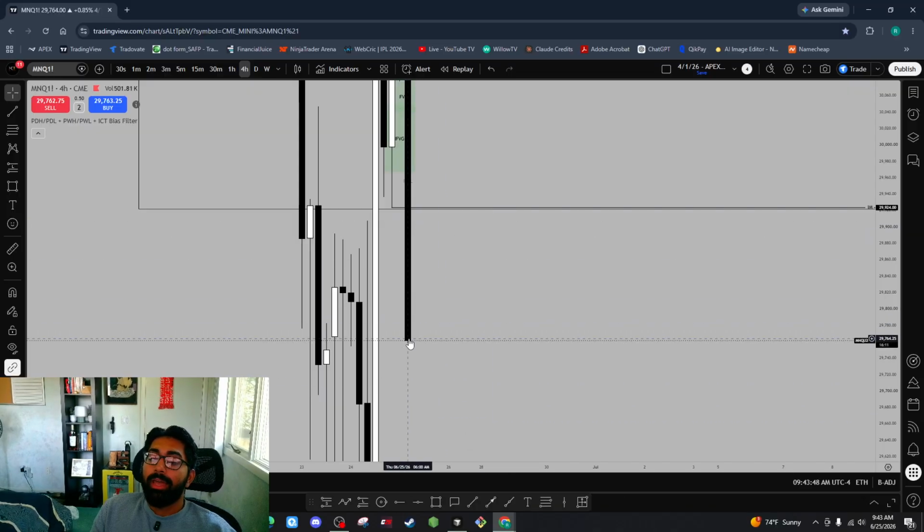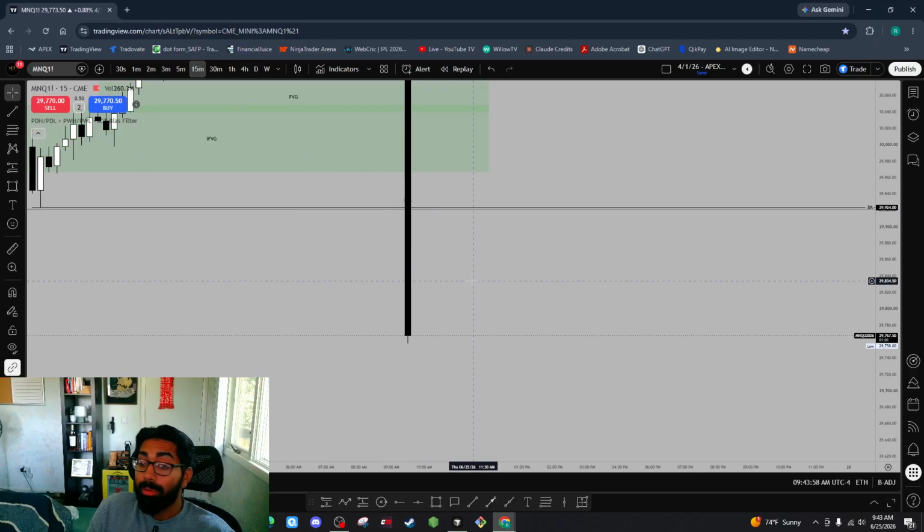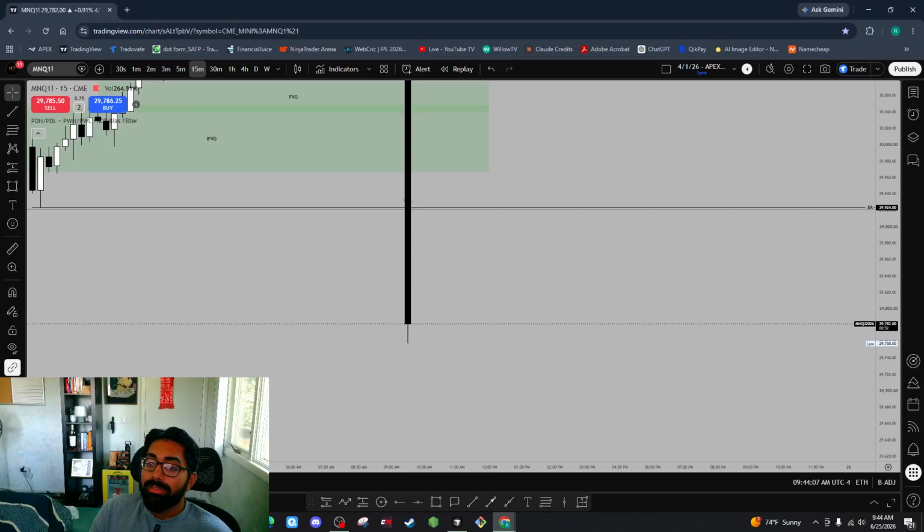Entering shorts off the candle body close is not smart. Okay, it's not smart at all. Not on a high enough time frame like the 15-minute. If you're talking maybe 1 minute, 2 minute, 3 minute, maybe 5 minute, 5 minutes is pushing it, then sure. The reason why 15 minutes is a problem is because it's a higher time frame.